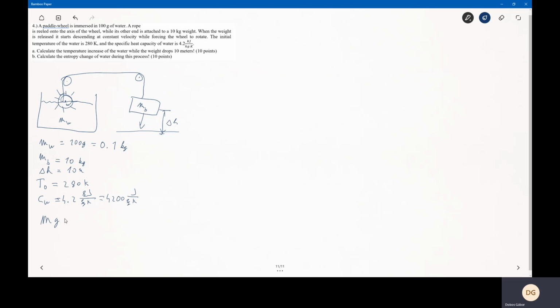M times G times delta H, and that is the amount of energy that goes into the water, and that is going to be transformed into heat. And you know the formula for the heat transfer is C times m times delta T. So that is C water times m water times the temperature change.